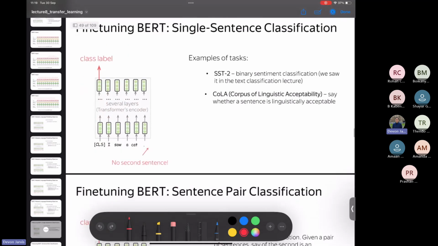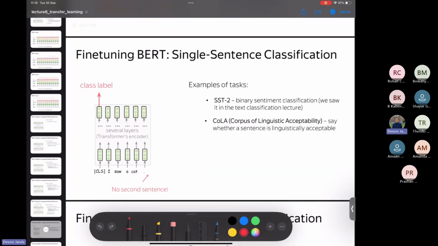All right, let's look at some of the tasks we can do with this. So number one, you can just forego the second sentence, even though it is pre-trained to do this language modeling kind of word imputation step. And even though it is trained to then predict whether or not the two sentences sequentially make sense or follow from each other, when we fine tune it, you don't have to use the whole architecture.